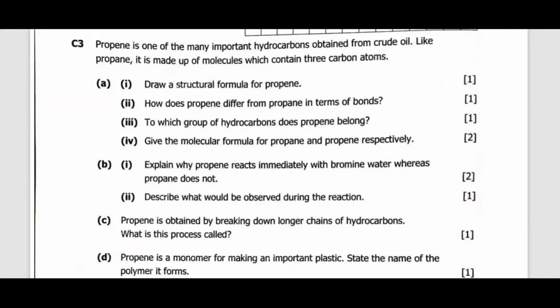Question 3. Propene is one of the important hydrocarbons obtained from crude oil. Like propane, it is made up of molecules which contain 3 carbon atoms. Draw a structural formula for propene. So let's look at propene, we are looking at E. The general formula is CnH2n.